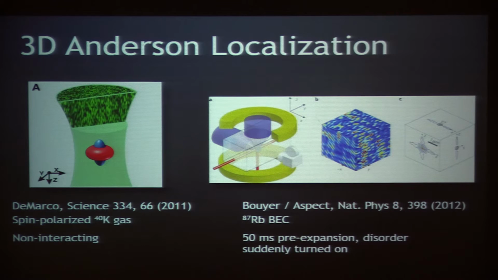So ours is non-interacting, and what they did in this experiment is slightly different. They did 50 milliseconds of pre-expansion, so this interacting BEC could blow itself apart through interaction energy, and then they suddenly turned on the disorder. Whereas we slowly ramped on the disorder before we released the gas. Although we also looked at snapping on the disorder, it didn't seem to change anything.